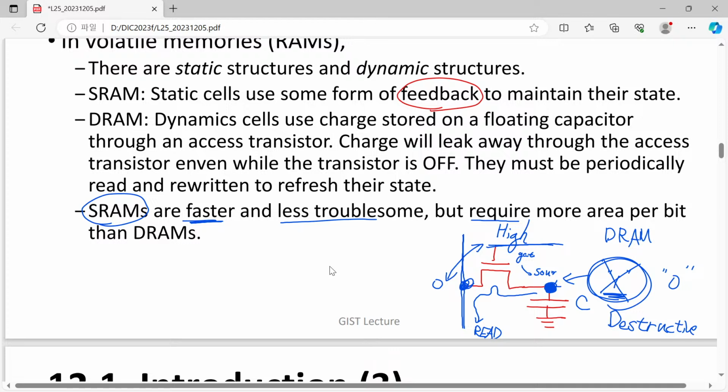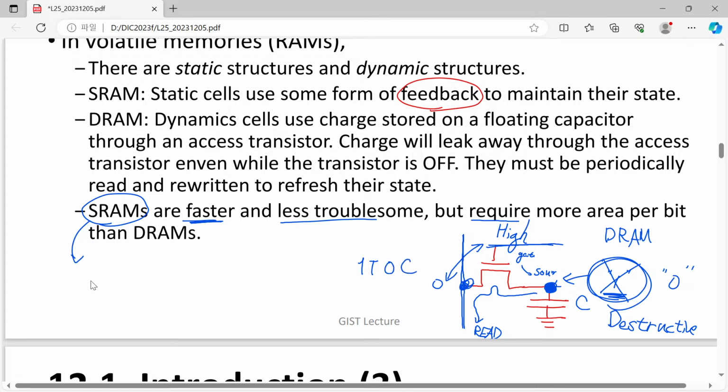Okay. Then in the case of SRAM, how many transistors are used? If we count the number of transistors used in a single bit, then please guess. In the case of DRAM, it was 1T, 1C.